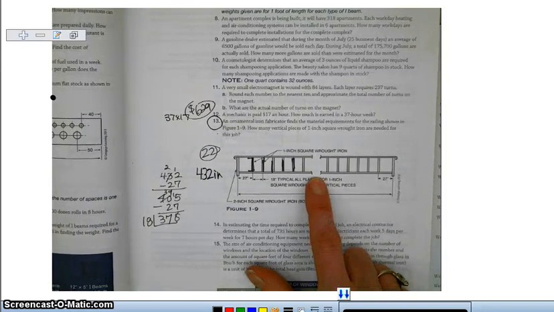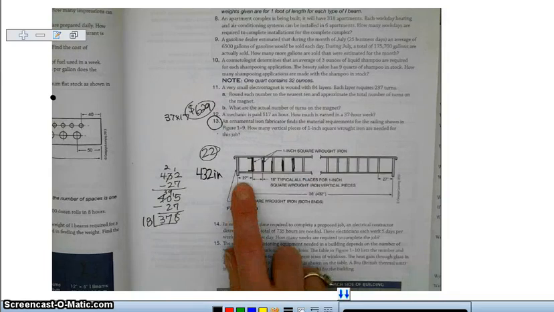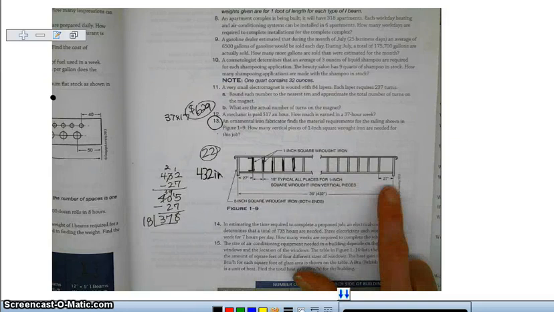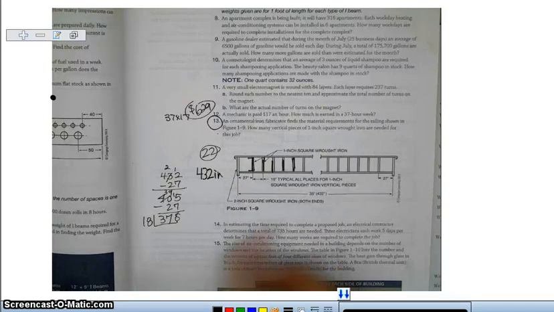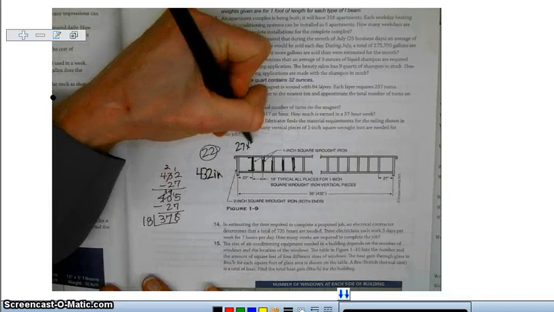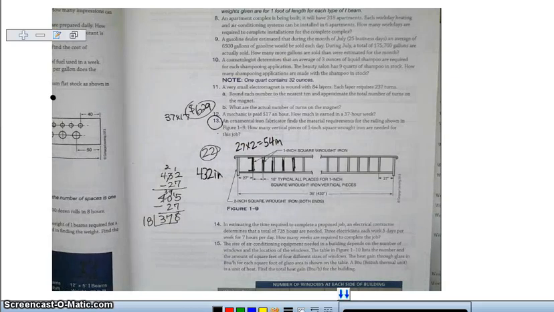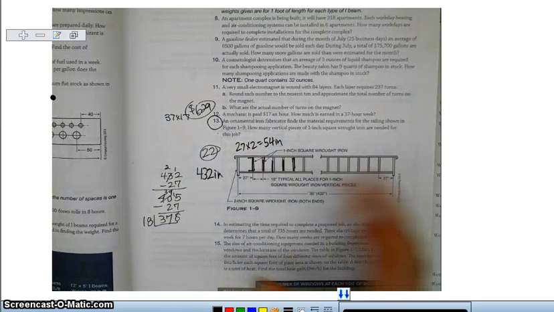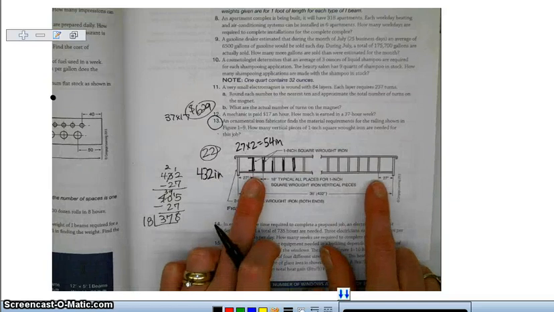They don't have the entire thing here because they've got this break in the middle. So then we notice that the first 1 inch is right here after 27 inches on this end, and also the first one here is after 27 inches on this end. So it would make sense to get rid of these two 27 inches. Well, 27 times 2 is 54 inches. So I need to get rid of those 54 inches because there aren't any wrought iron pieces outside of those. So the first wrought iron pieces start at 27 inches in.